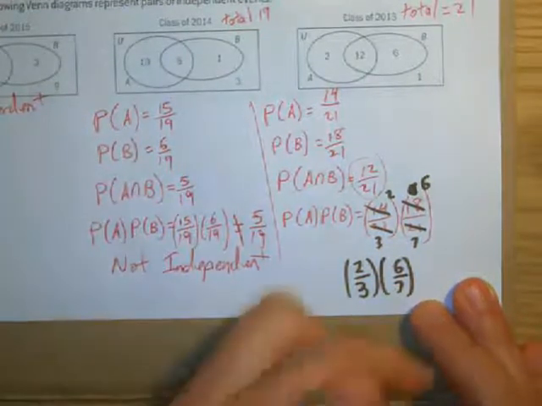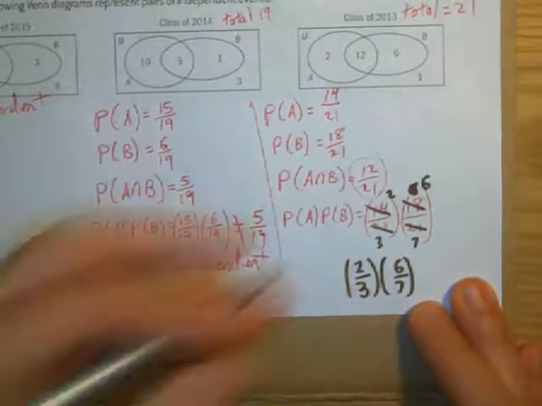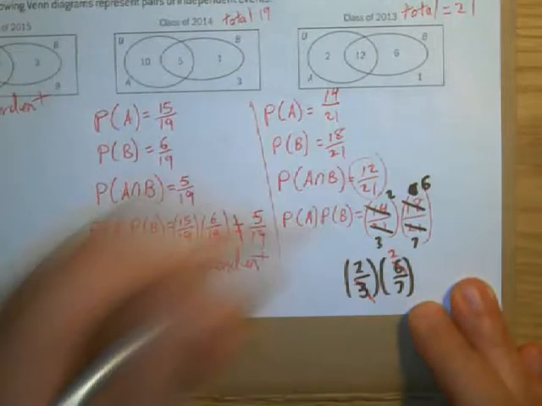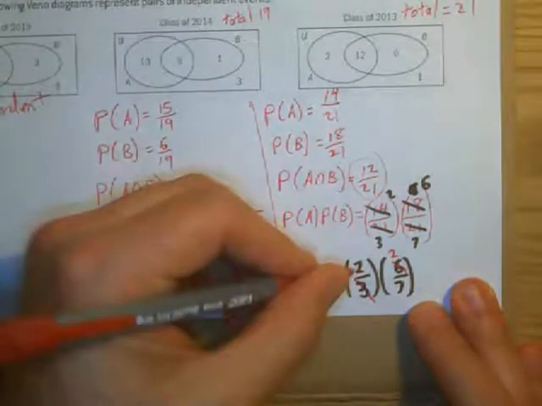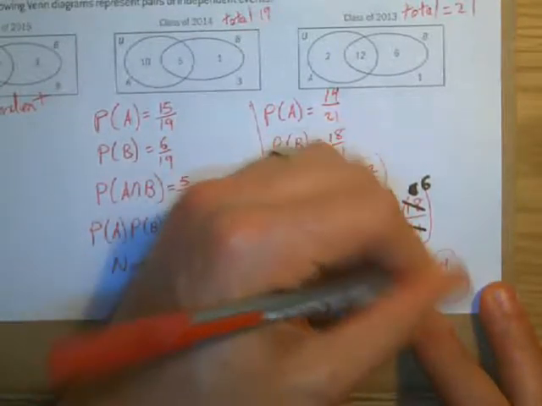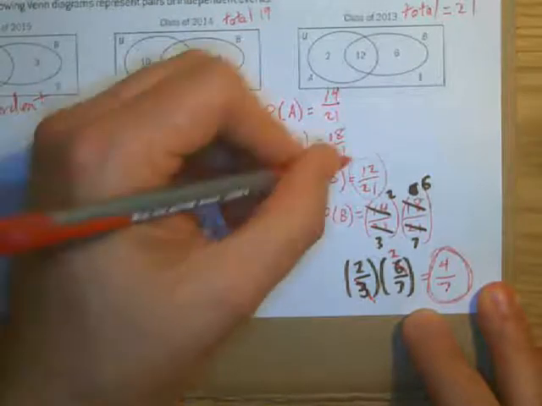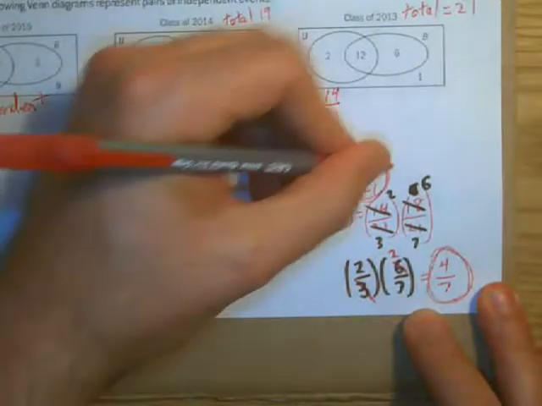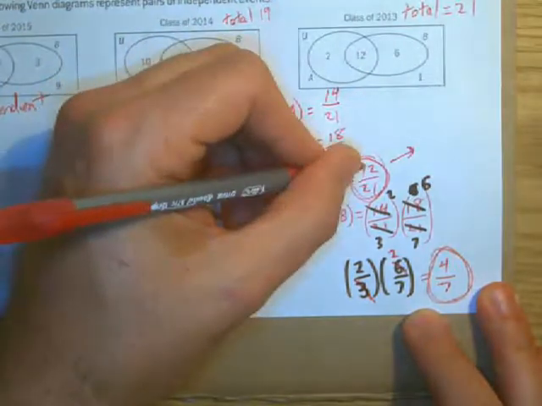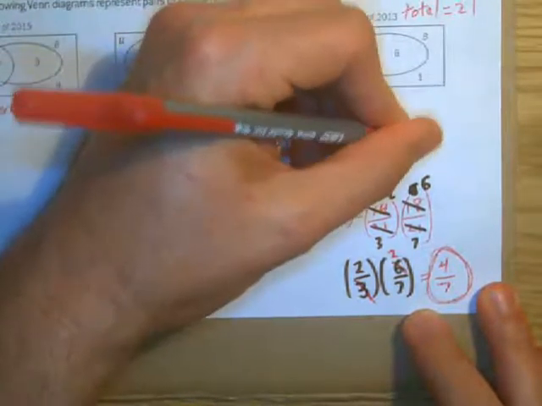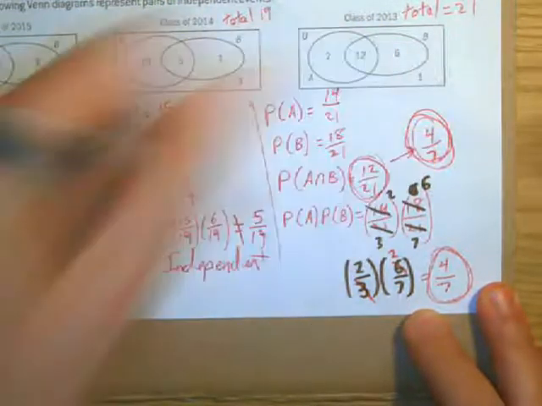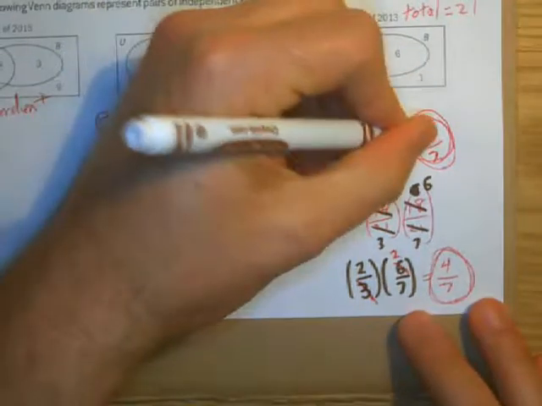And I can simplify this a little further. 3 goes into 6 twice, right? So 2 times 2 gives me 4, and my denominator is going to give me 7. Is that the same as this? 12 over 21, they're both divisible by 3, which gives me 4/7. So are these the same? Yes, they are.